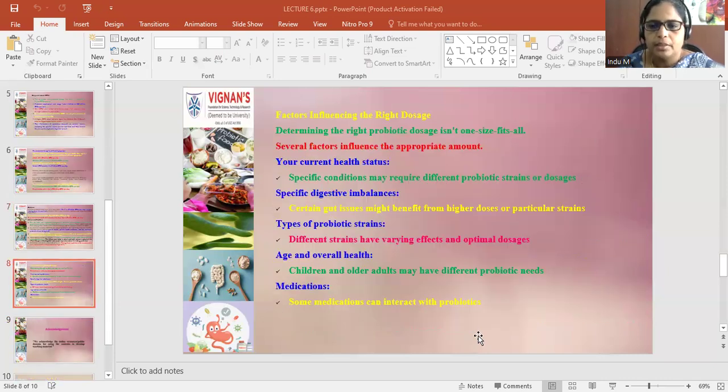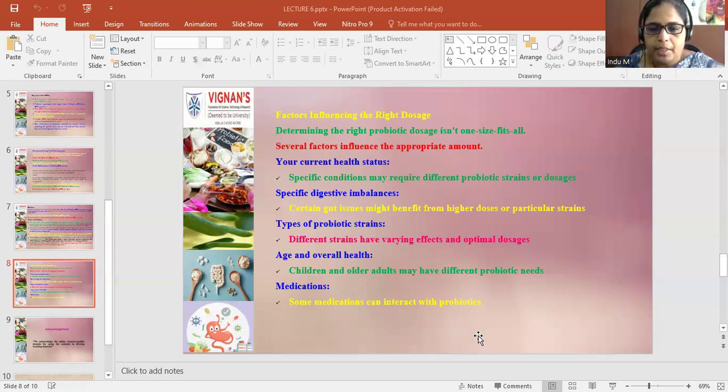What are the factors that influence the right dosage? Determining the right probiotic dosage is not one size fits all. Several factors influence the appropriate dose. First one is your current health status. Specific conditions may require different probiotic strains or dosages, and in specific digestive imbalances, certain gut issues might benefit from higher doses or particular strains.